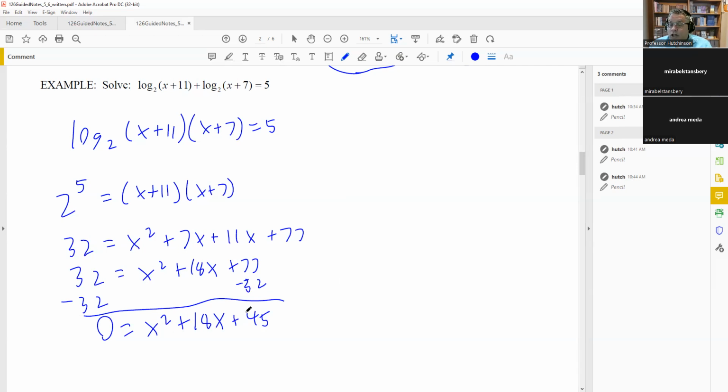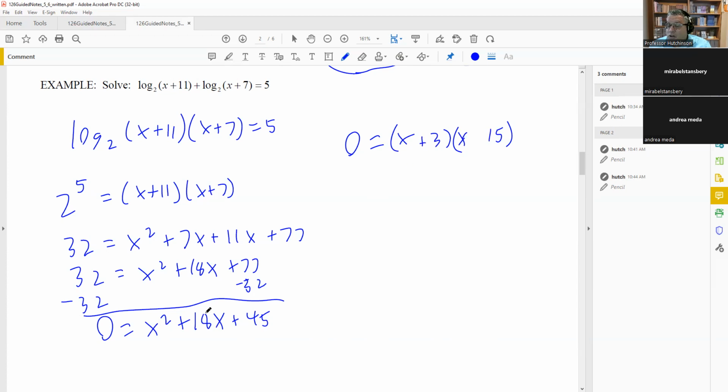Now that I have a quadratic that's set equal to 0, my next step will be to factor this. We're looking for two numbers that multiply to make 45 and add to be 18. So 9 and 5 doesn't work. We can do 3 and 15. That's a combination that'll work for us. So 3 and 15.